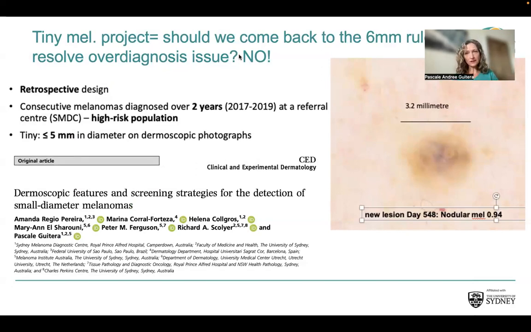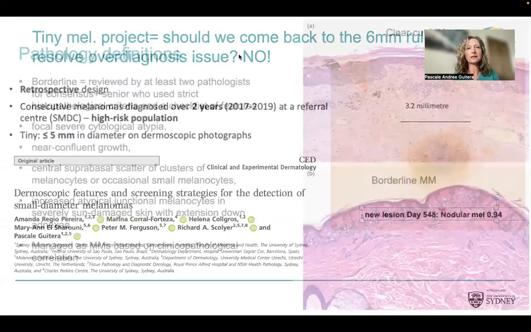And as you can see on this photo, some melanoma that are 3.2 mm are already 0.94 mm breslow thickness, so quite nasty nodular melanoma that will most likely kill your patient in a few months if you don't detect them at an early stage. That has been published by Dr. Amanda Reggio Pereira, and I will summarize some of the data.